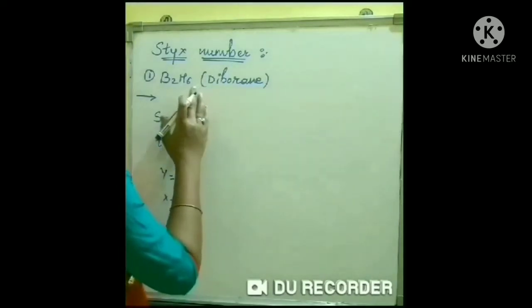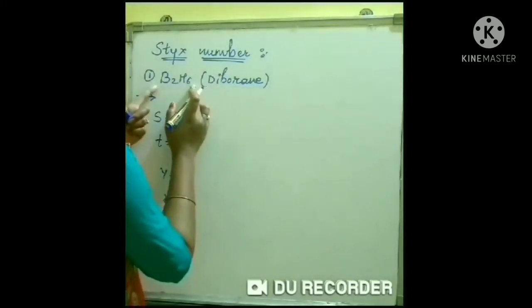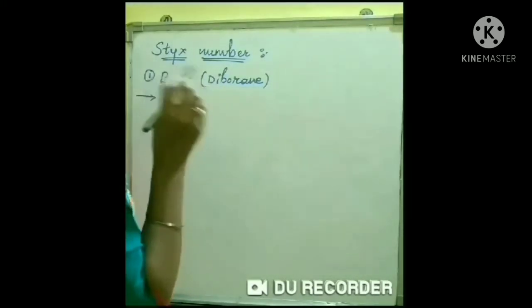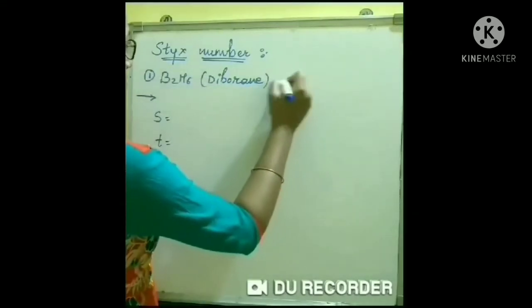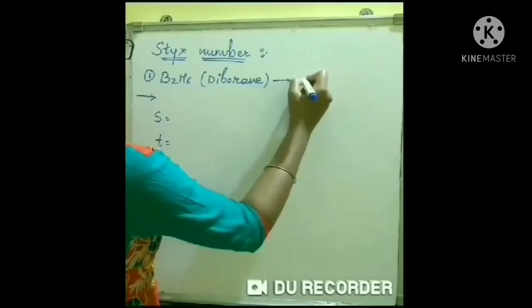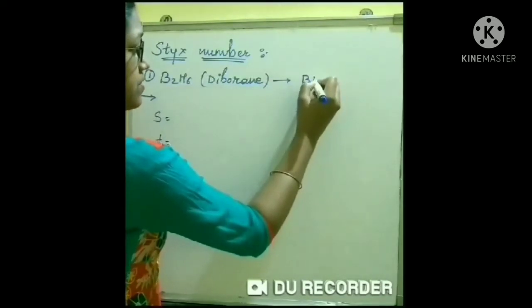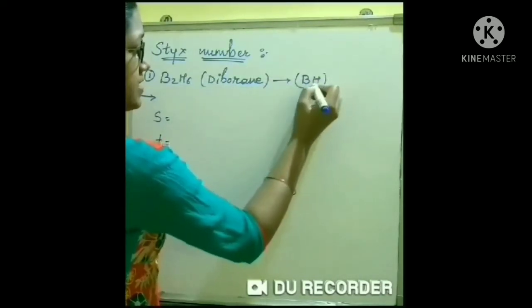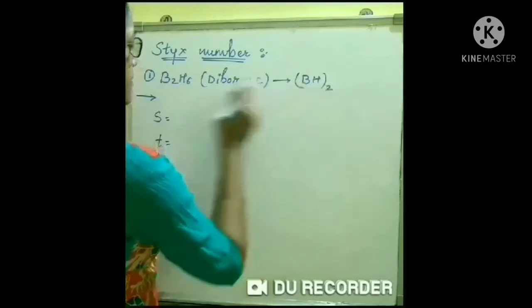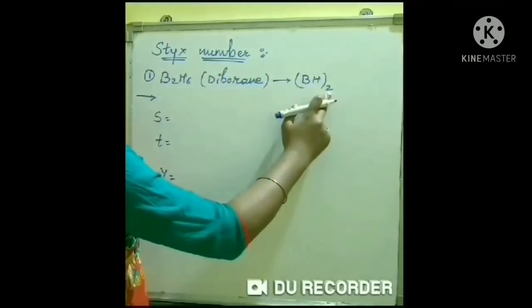Then the very first thing is that the B2H6 you have written has to be split and written in this form. There are 2 boron atoms, so write BH2, with 2 outside the bracket.